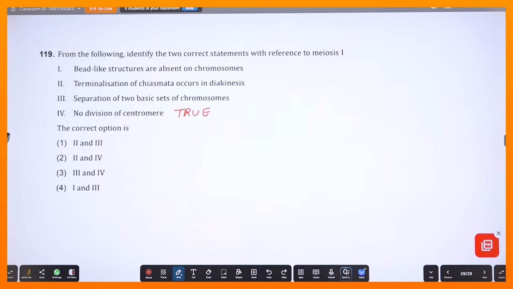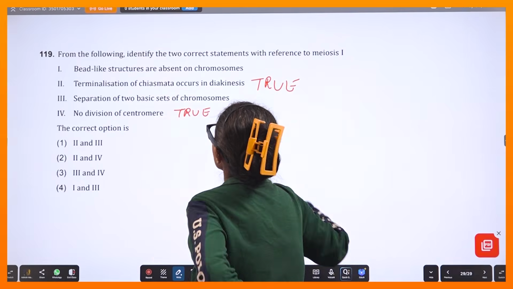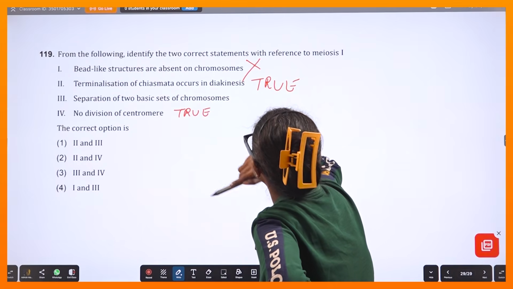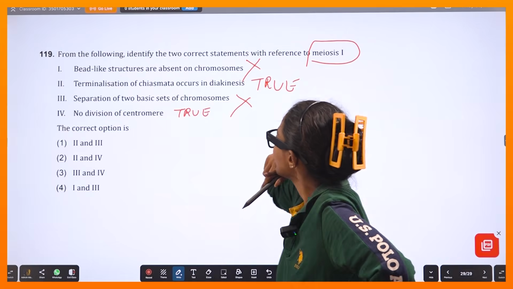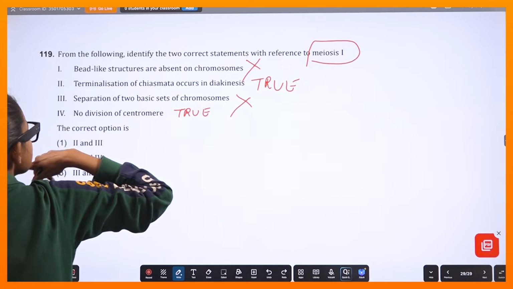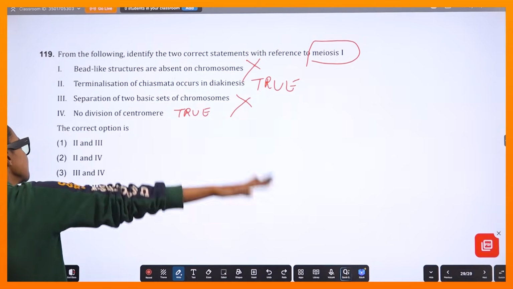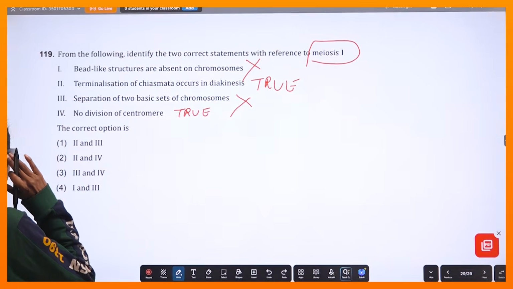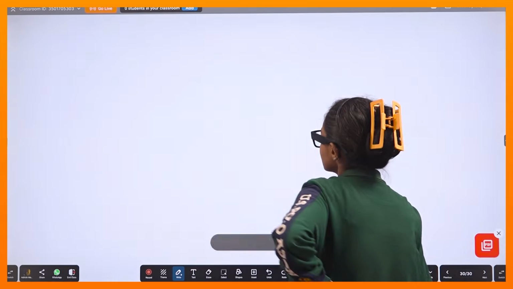Terminalization of chiasmata in diakinesis. True. Separation of 2 basic sets of chromosomes is false, they are talking about meiosis 1. So no division of centromere is true. That means option 2 and option 4. Let's move on.